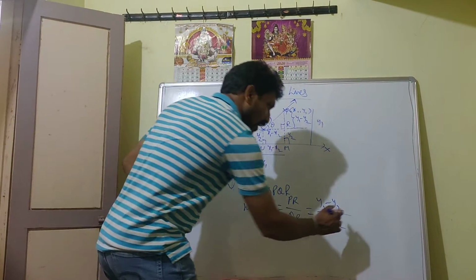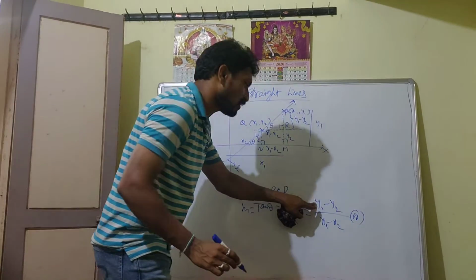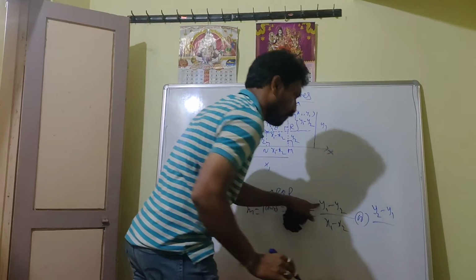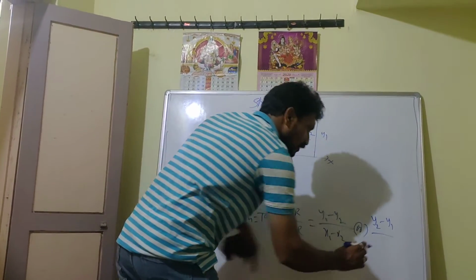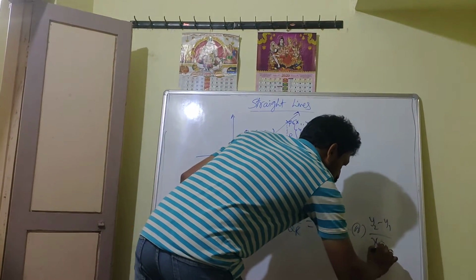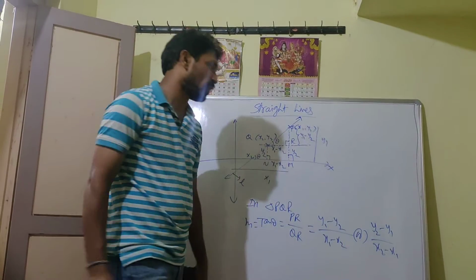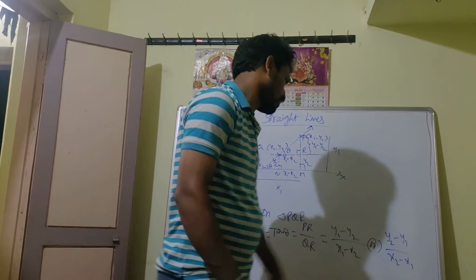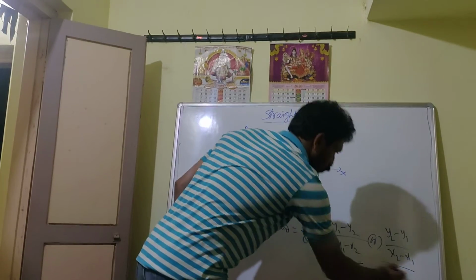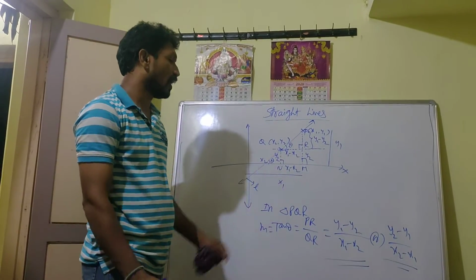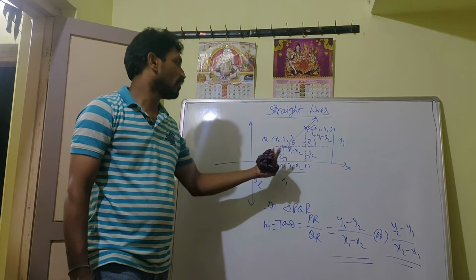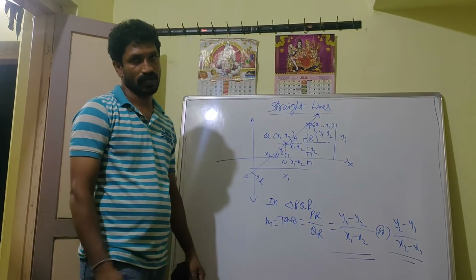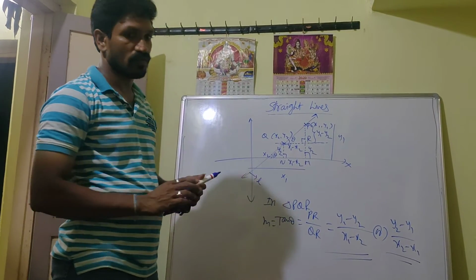In another way, if you take minus common from numerator and denominator, we can write y2 minus y1 by x2 minus x1, and the minus signs cancel. You can use this one or this one. This is the slope of any line having 2 points x1 comma y1 and x2 comma y2. So remember, very easy also.